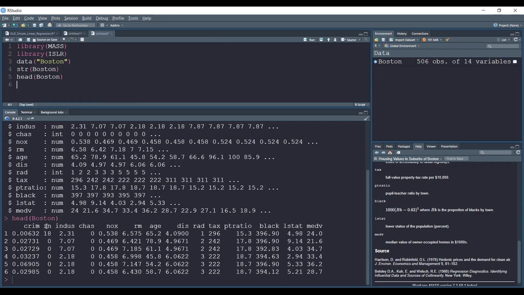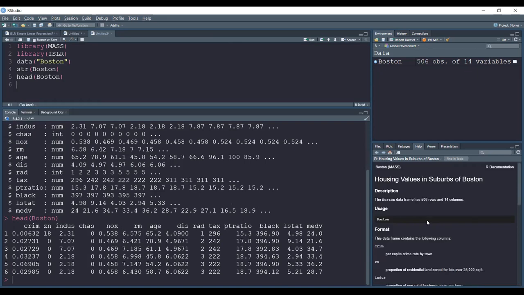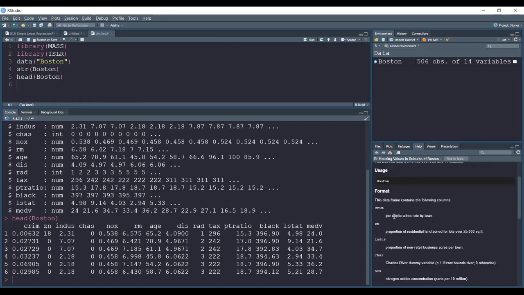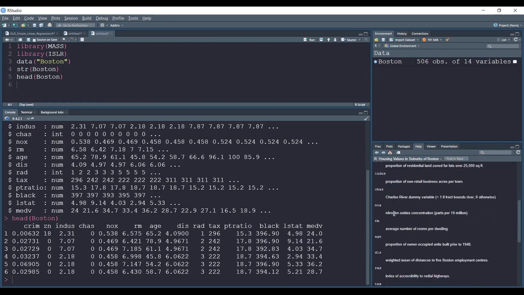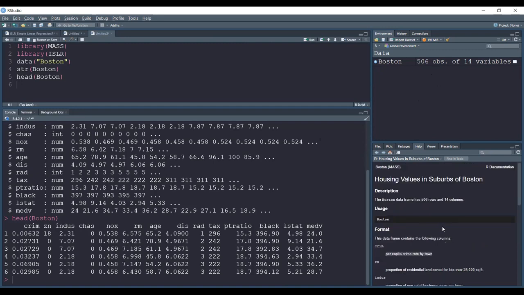So we have crime: per capita crime rate per town, the proportion of residential land zoned for lots over 25,000 square feet, proportion of non-retail business acres per town. Anyway, all these different characteristics for each of the 506 observations.